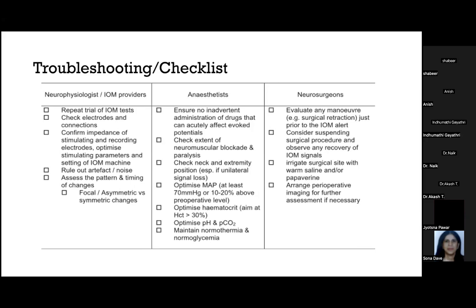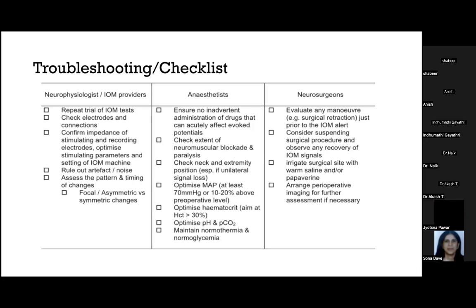So see to it that when you are using one or two twitch responses, there is no deep neuromuscular blockade. Check the neck and extremity position, especially if there's unilateral signal loss.